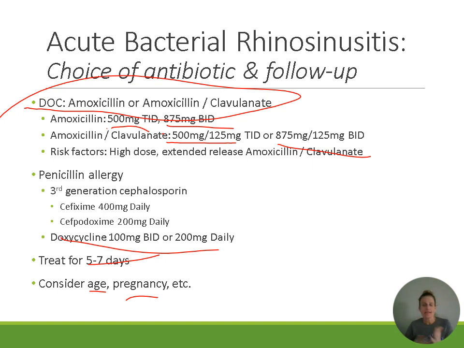Kids, doxycycline, remember, cannot be given to kids under 8 years old, unless it's very, very select infections. Doxycycline can be given to kids under 8 if they have anthrax or Rocky Mountain spotted fever, but really that's it. So if you have a kid or a pregnant patient, you're not going to go to that doxycycline.